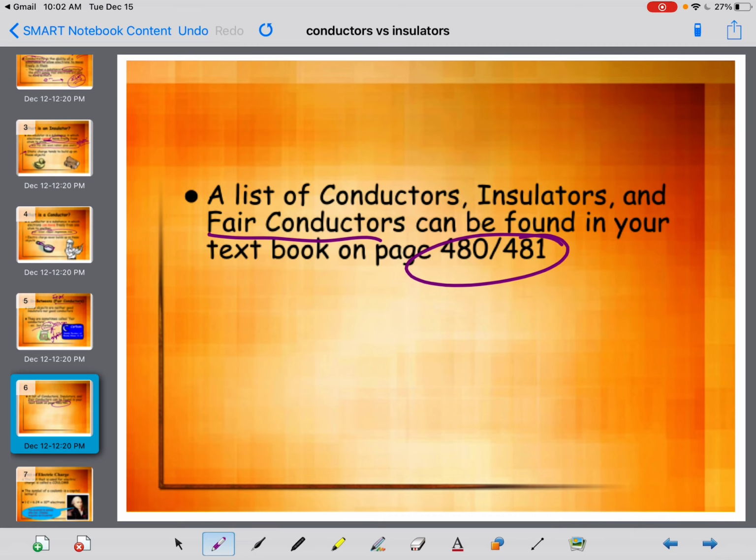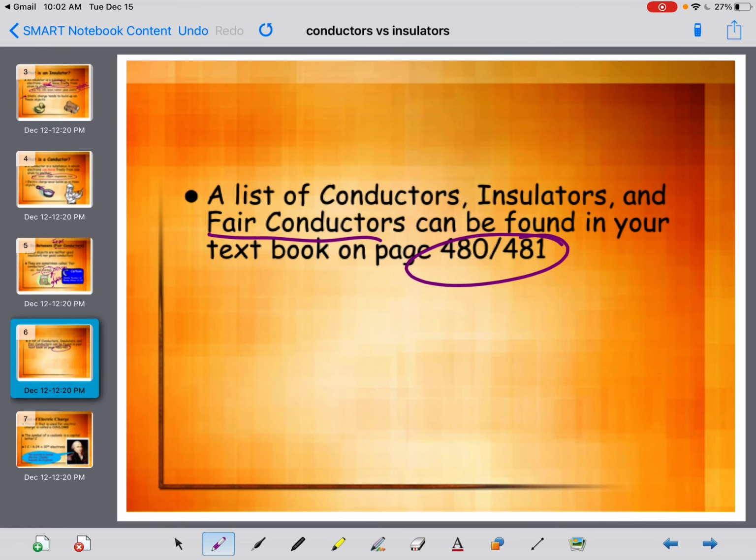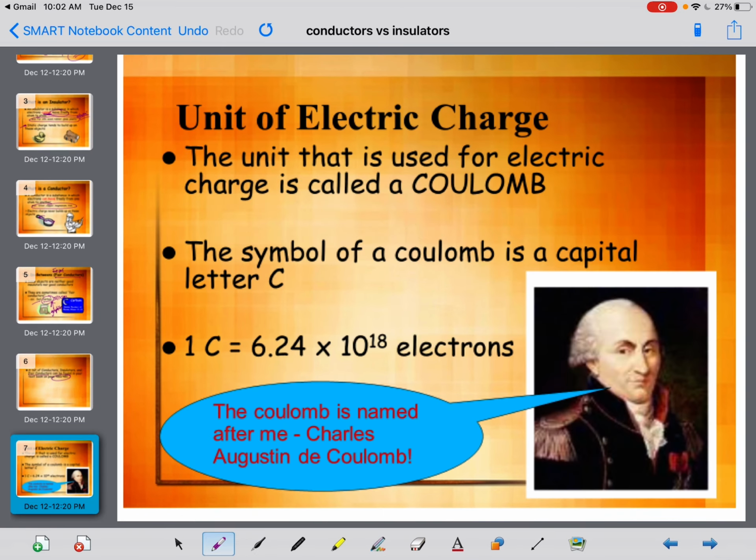The last thing, just one little piece, is units of electric charge. When we talk about electric charges and movement of charges, you have to remember that electrons are very, very small and very, very light. We saw that when we looked at atoms.